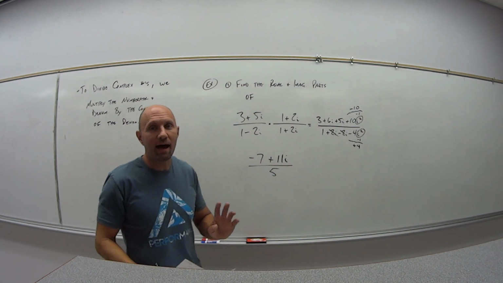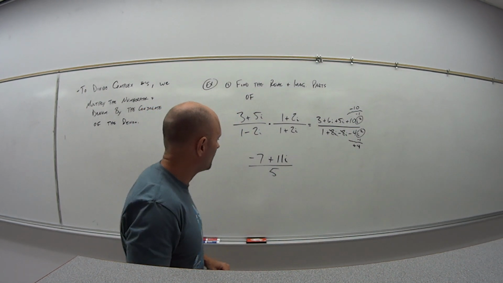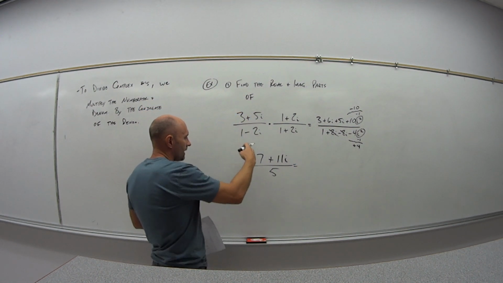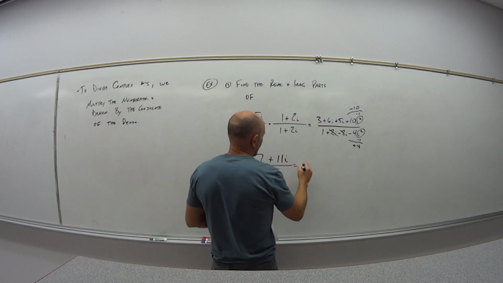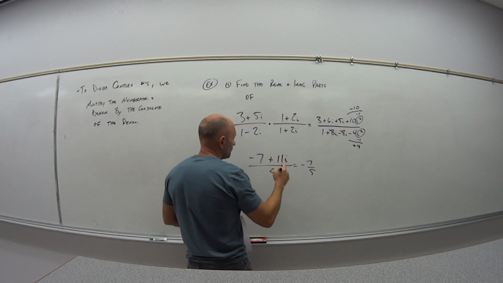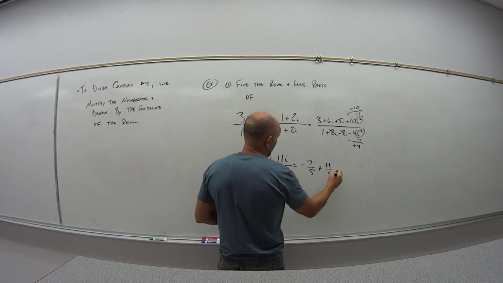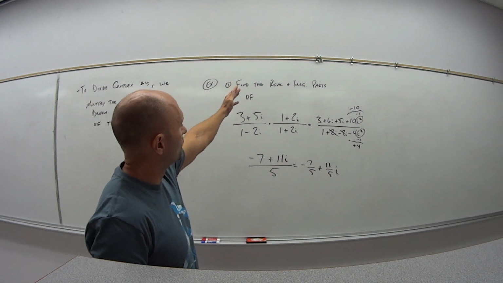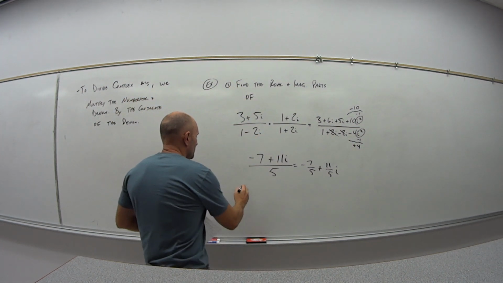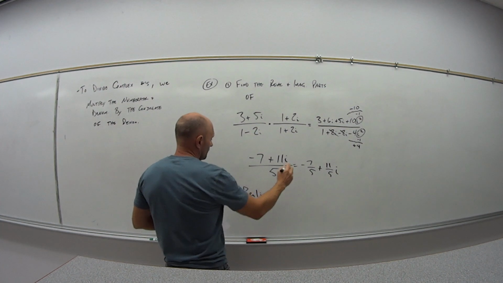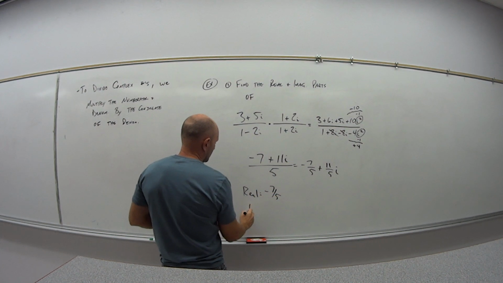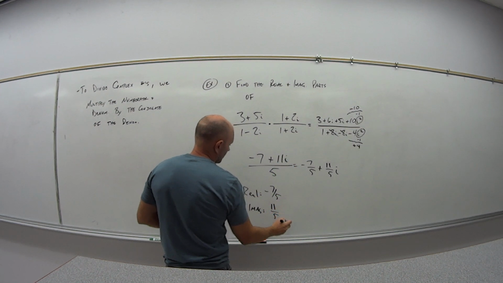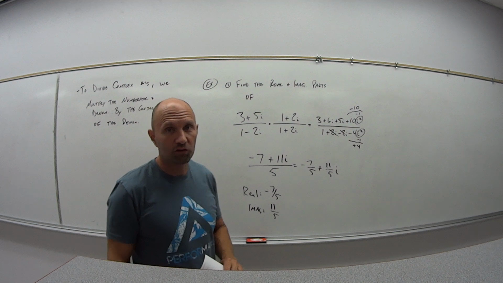So now you can see the i has been removed from the denominator. So now, using my rules of algebra, I can split each of these up over the 5. So minus 7 over 5 plus 11 over 5 times i. So now I ask you, what's the real and what's the imaginary part? Well, the real part is minus 7/5. The imaginary part is plus 11/5. Again, don't put that i on there, just 11/5.